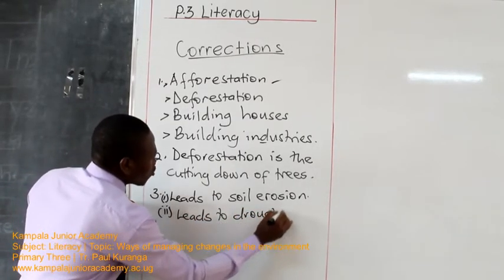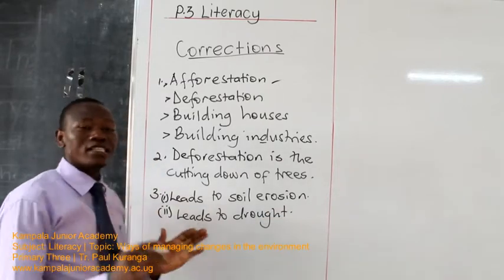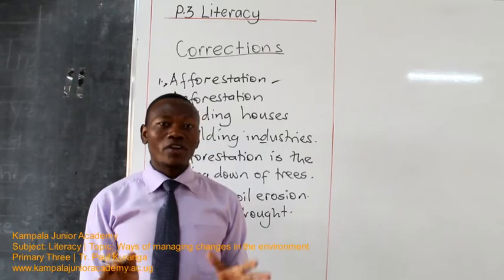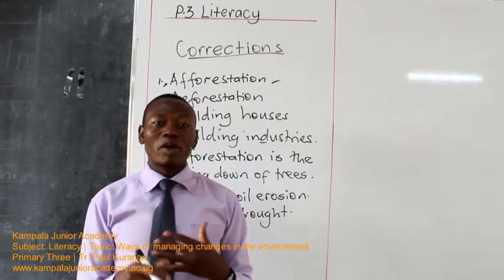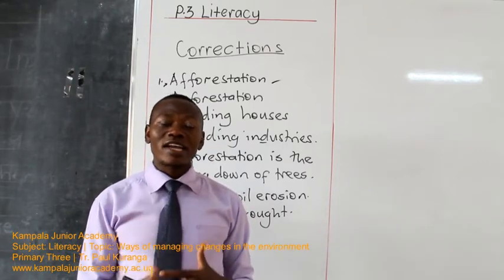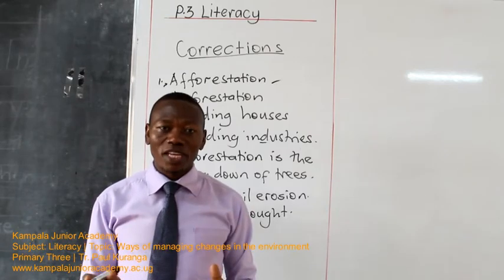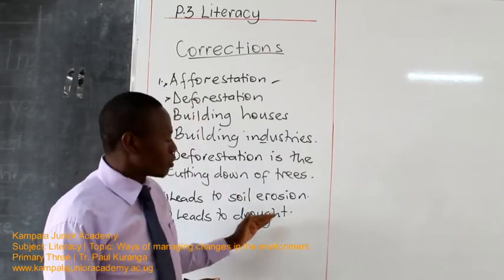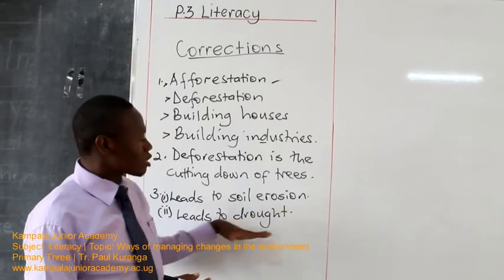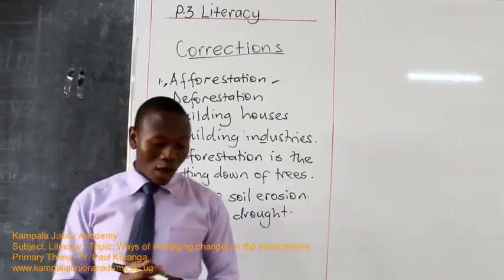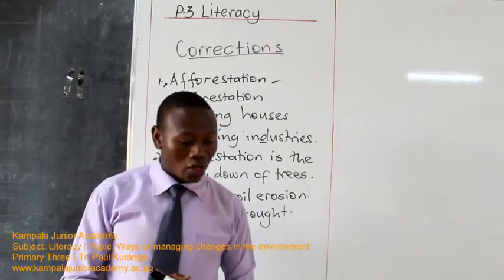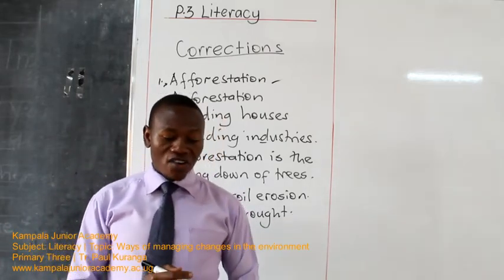Deforestation leads to what? To drought. Drought is the long period of what? Sunshine in an area. So when you cut down trees, remember you are reducing the rate at which rainfall is formed in that area. So it's very dangerous to cut out deforestation. There are others, or you can check with our notes and see where to mark right or wrong.